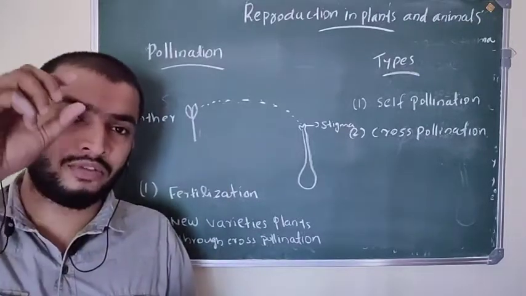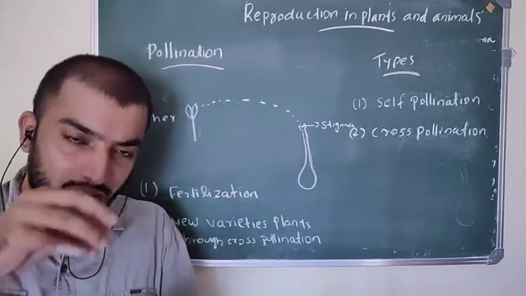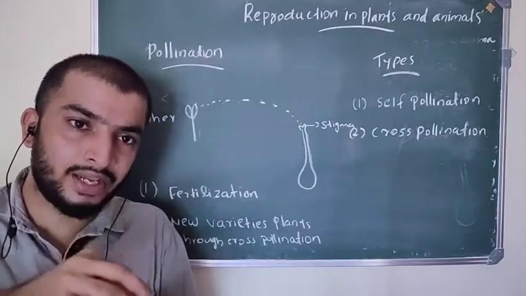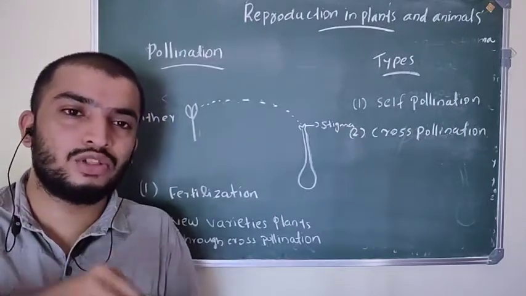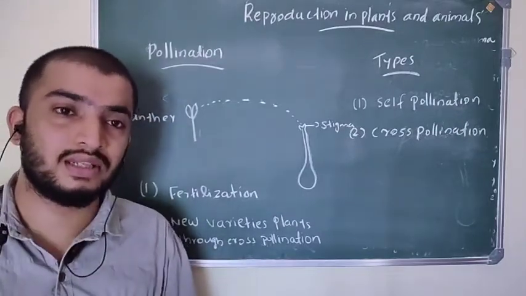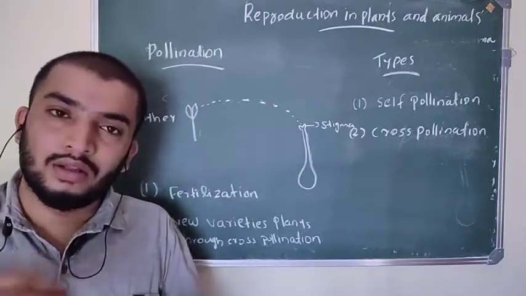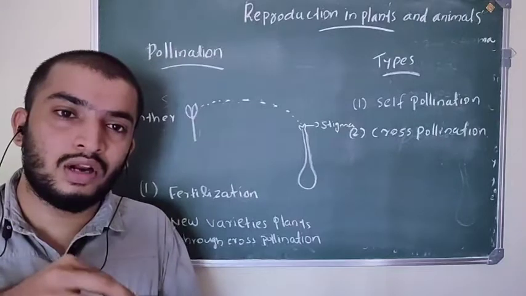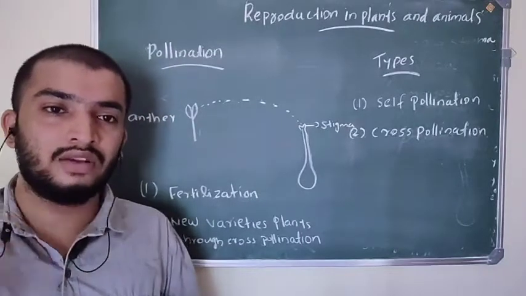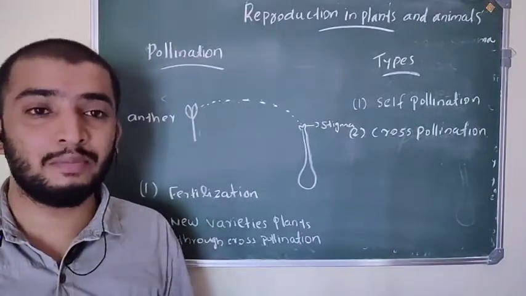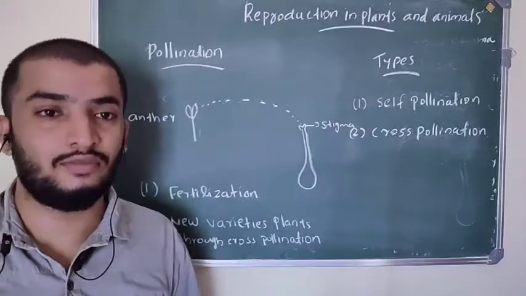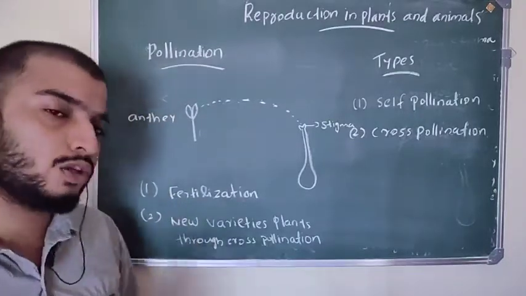Also, at the top of the flower, there is the stigma. So the pollen grains from the anther going to the stigma of the same hibiscus flower is self pollination. Or sometimes the pollen grains go from one flower to another flower of the same plant, which is also self pollination.